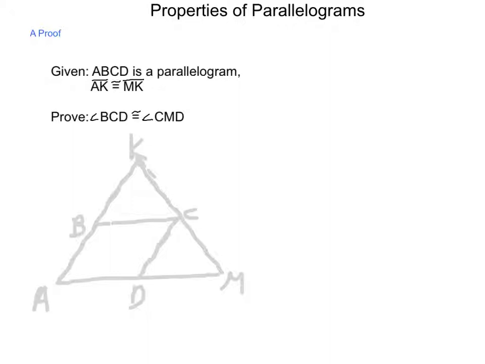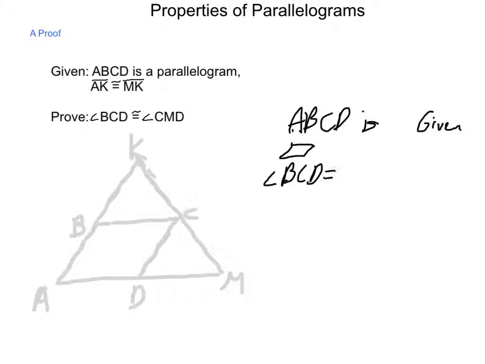So if ABCD was given to us as being a parallelogram, and you can use the symbol for parallelogram that's given, then angle BCD would be congruent to angle A, and that is by theorem 6.5.